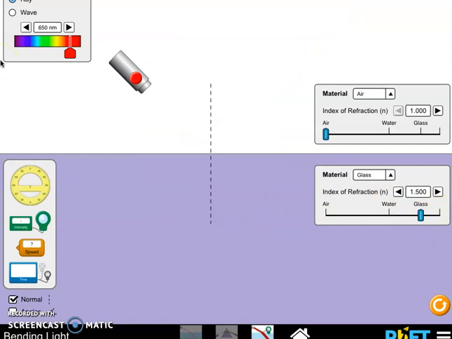Now, refraction sounds a whole lot like another vocab word, one we talked about last unit, one that's really similar to something you should be familiar with. Well, that's reflection. To tell them apart, when light goes from one medium to another, and it changes wavelength and direction and speed, that's called refraction. But actually, notice that there's a reflection as well.